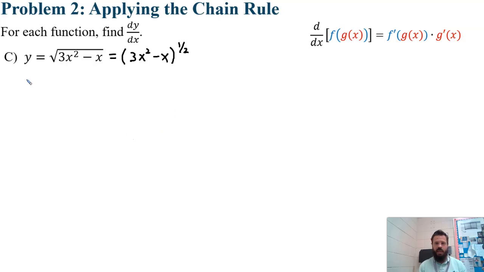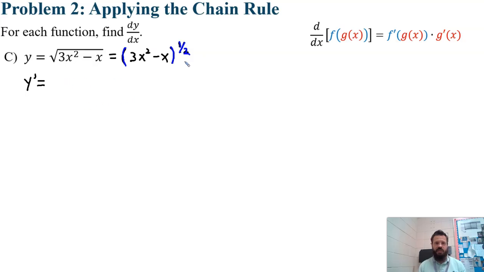All right, and then let's just dive into our derivative. I'm not going to bother writing the f, g, f prime, g prime out, just because as we get into more complicated problems, we want to take this a step at a time. So first thing we're going to need is the derivative of something to the 1/2 power, so the derivative of our outer function. We'll color code that in blue here.